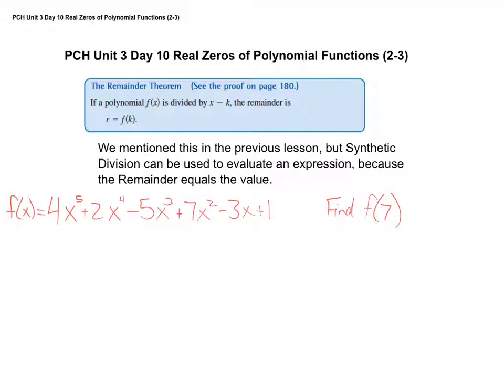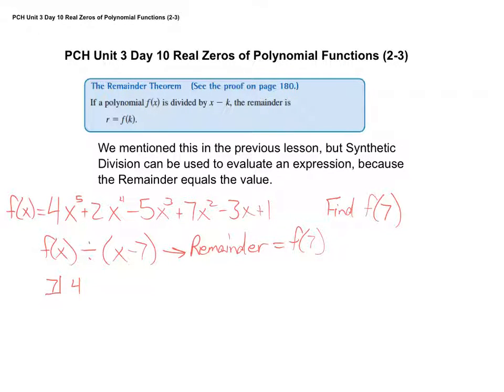If we were to take f of x and divide it by x minus 7, the remainder is going to equal f of 7. So whatever you want to evaluate this for, that's what you're putting in the box. That's your k for your synthetic division.